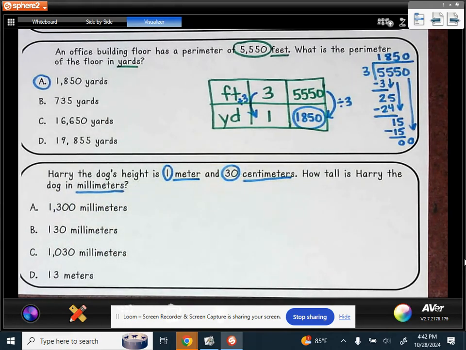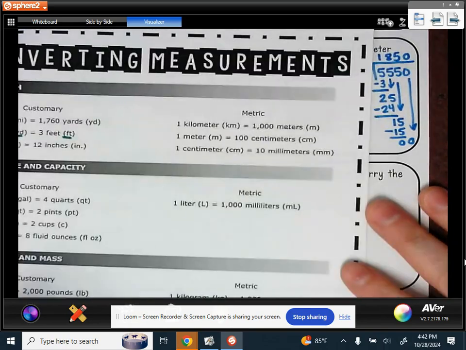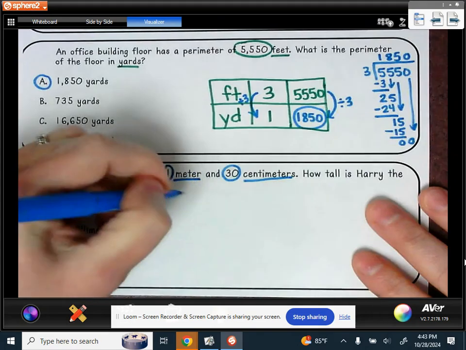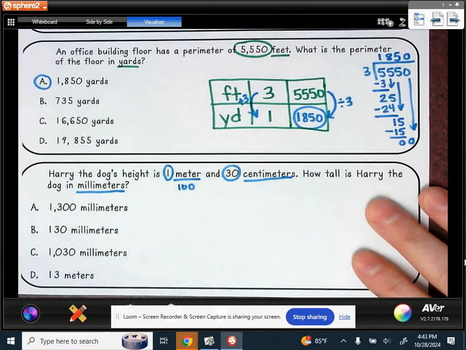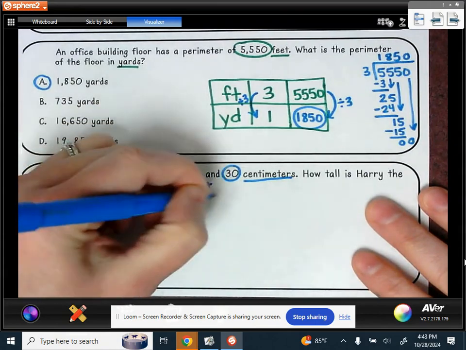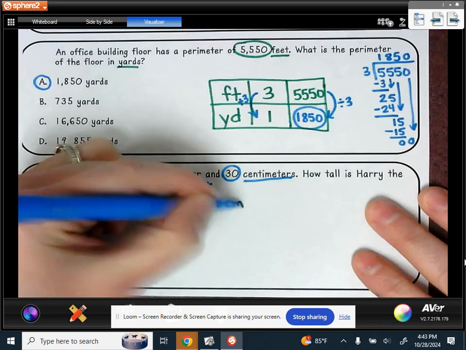So the easiest way to do this is first figure out what this 1 meter is. So my chart here says that 1 meter is 100 centimeters. So this right here is 100 centimeters plus the 30 centimeters right here. So total, the dog is 130 centimeters.